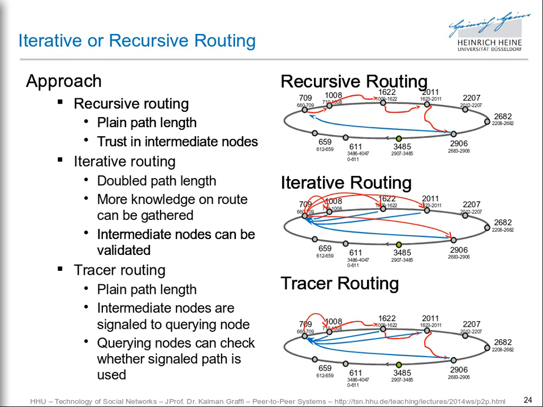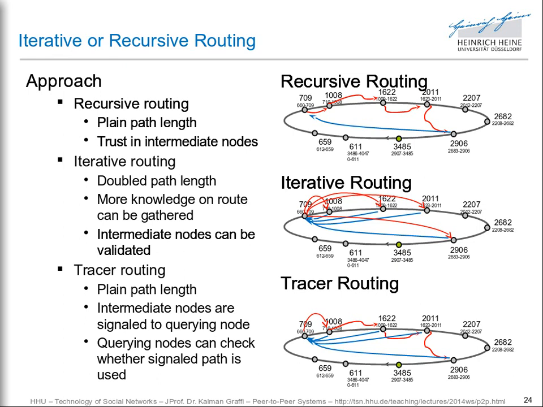This node might say that my next hop would be the node 1622, and this information is passed to the query initiator, and he decides whether he wants to route to this node.